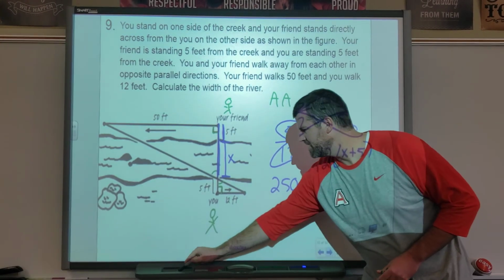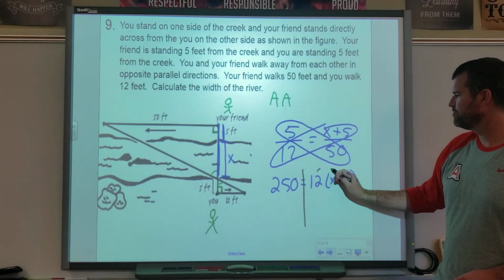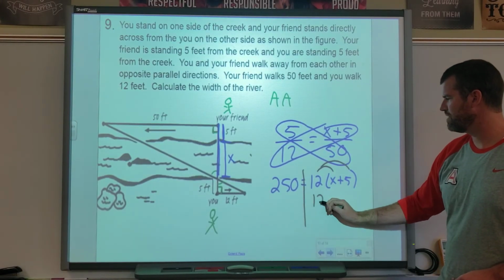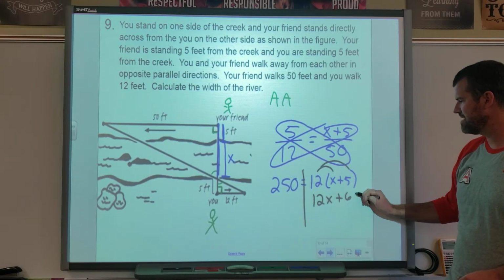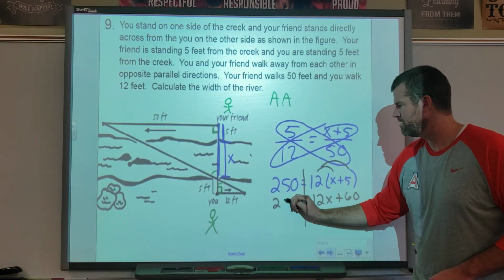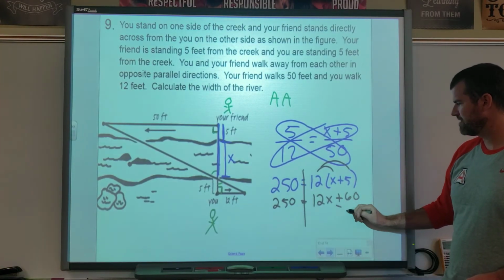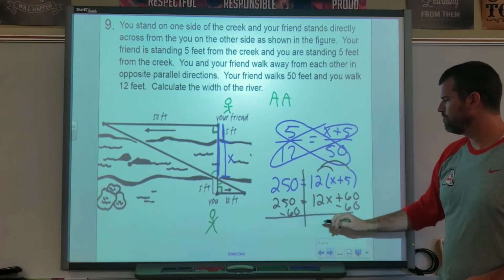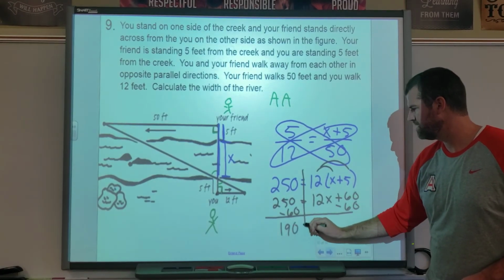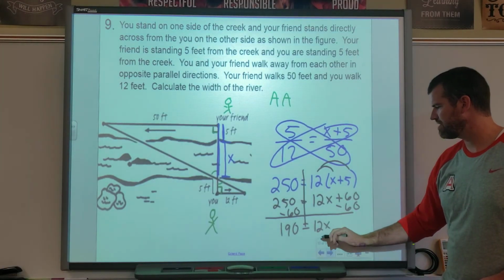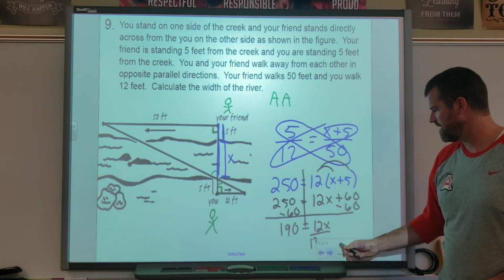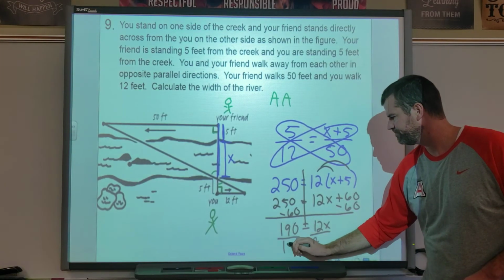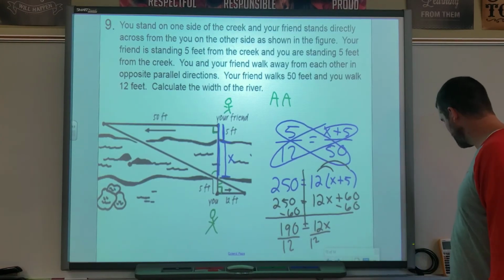Okay, let's find out how you did. From here we have to distribute, which gives us 12x plus 60. And then we're going to subtract that 60 on both sides, which gives me 190 equals 12x. Divide by 12. Where did I put my calculator? There it is.